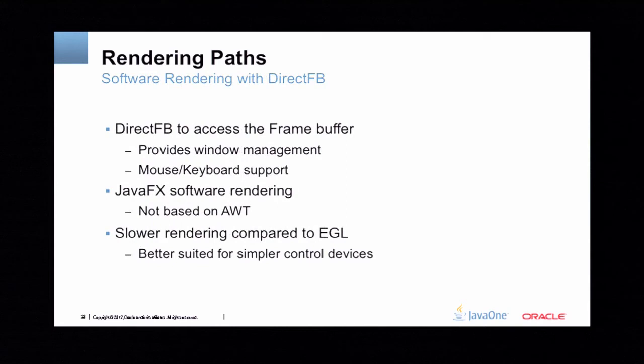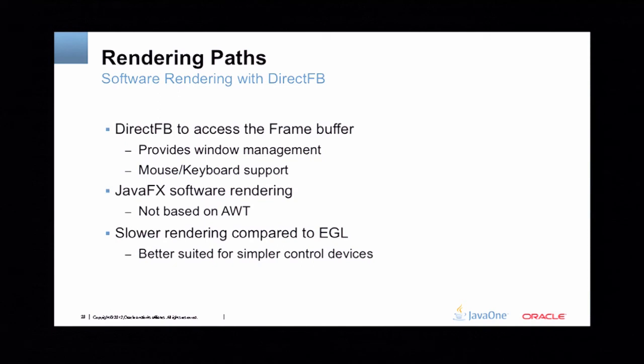So we also have software fallback. We're using DirectFB to access the frame buffer, and that provides us with a basic level of window management and also our input support. This uses a non-Java 2D, a non-AWT rendering path. So this is our own path.